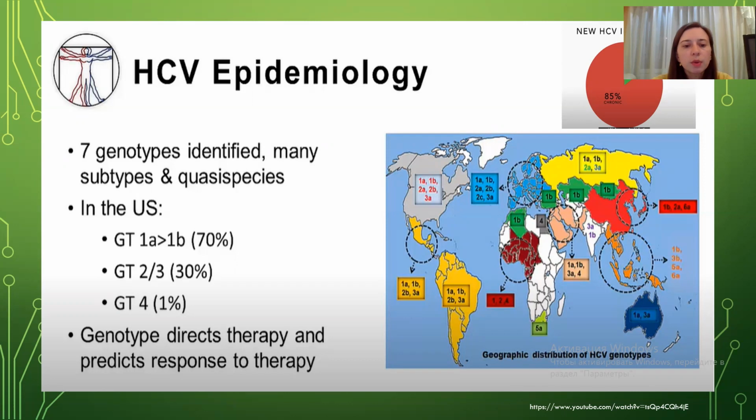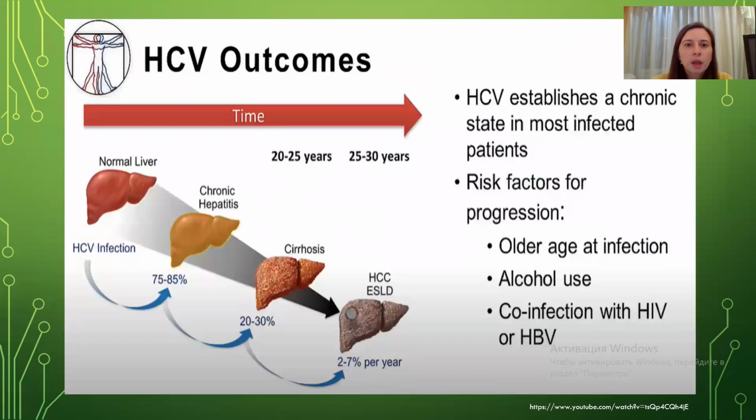Genotype directs therapy and predicts response to therapy. And outcomes. HCV establishes a chronic state in most infected patients. Risk factors for progression are old age at infection, alcohol use, and co-infection with human immunodeficiency virus or HBV.